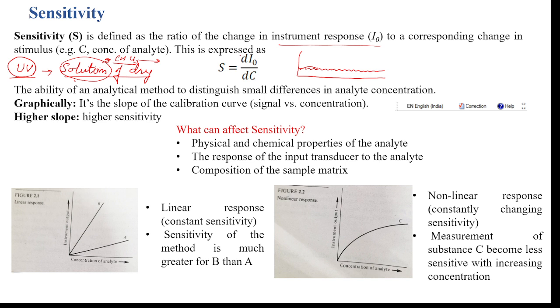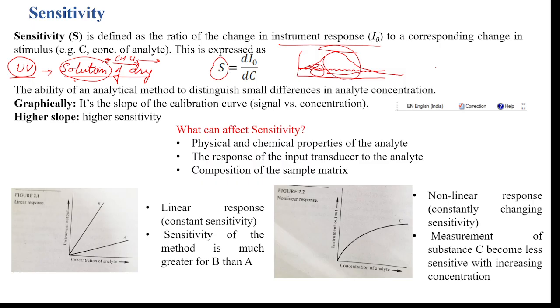But once you give the sample, it will give you something like that. So what is this? It is the ratio. This is the response of the instrument, and this is the actual stimulus. So the ratio between this divided by this is known as sensitivity.